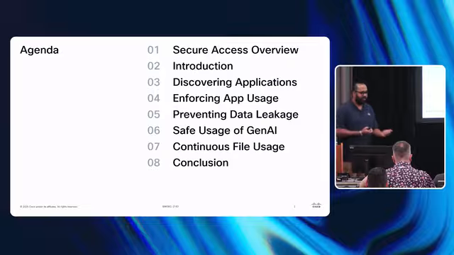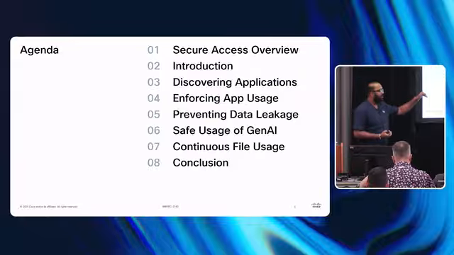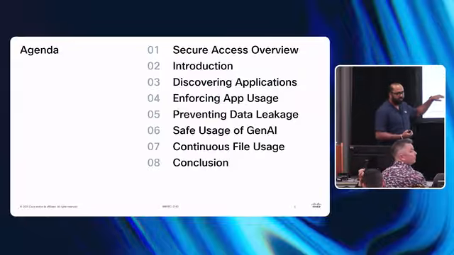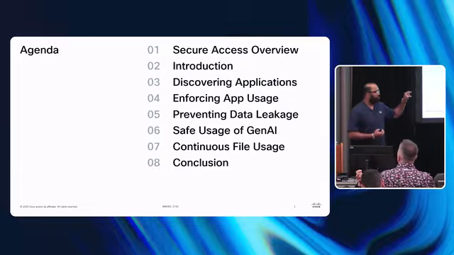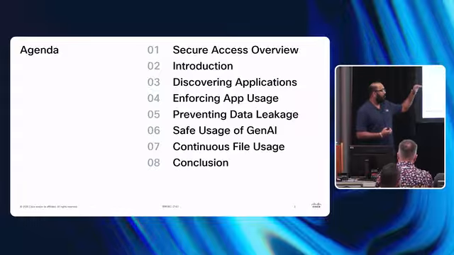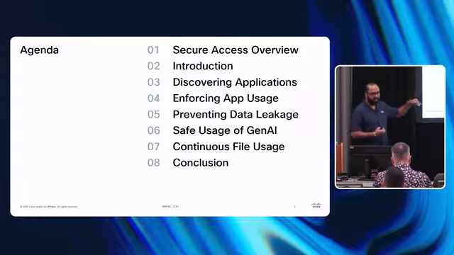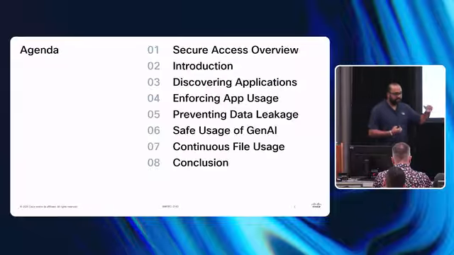Do they allow it? Do they block it? Do you have a security posture for that today? So we'll talk about that, and then we'll talk about another component of secure access to wrap it up, which is called cloud malware, really around cloud continuous file usage and understanding the potentially malicious files that live inside of your environment.